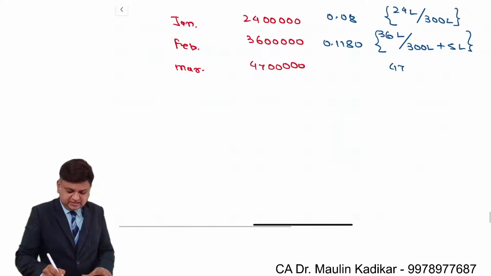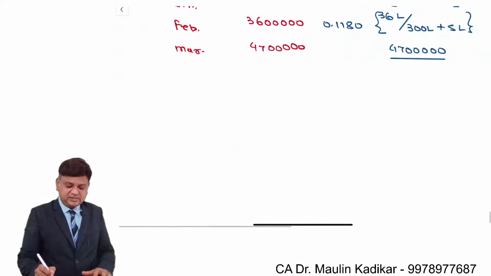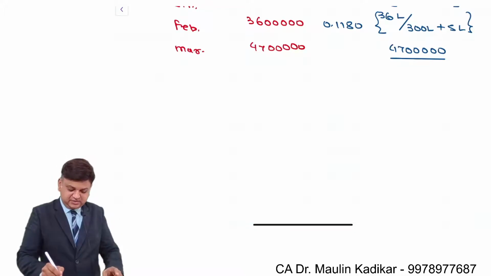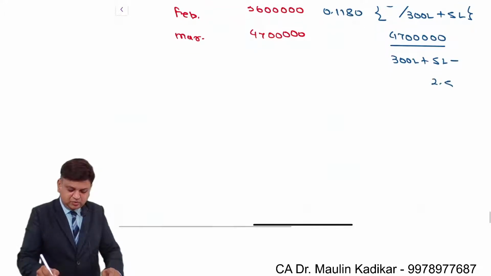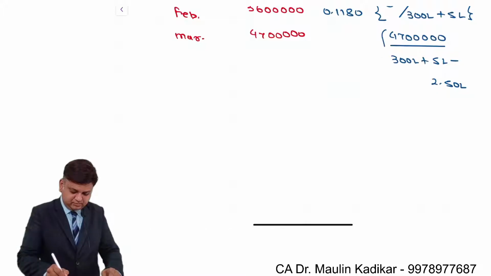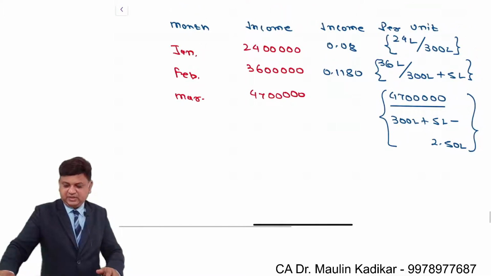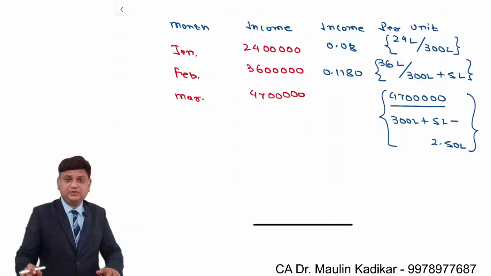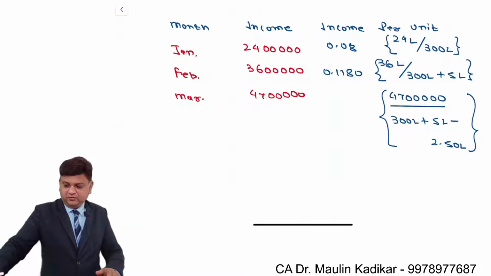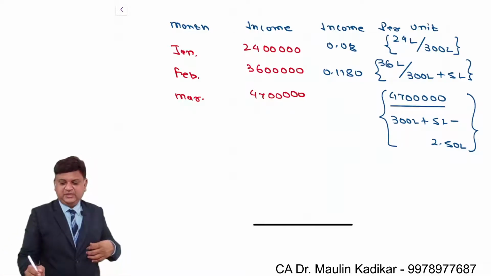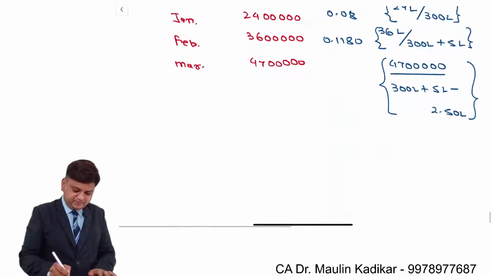Next is 47 lakhs divided by 302.5 lakhs. That is 300 lakhs plus 5 lakhs minus 2,50,000. So 300 plus 5 minus 2.5 is 302.5. 47 upon 302.5 is 0.1554.